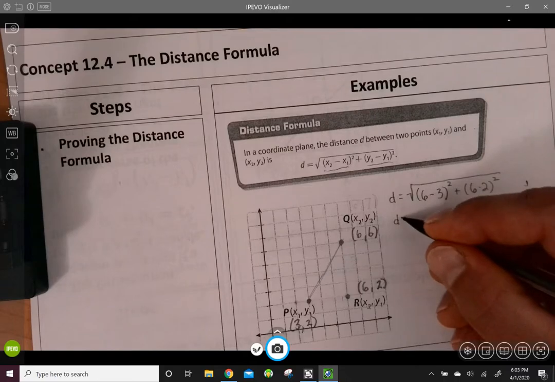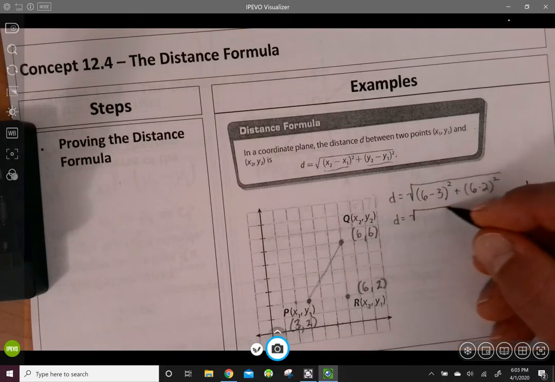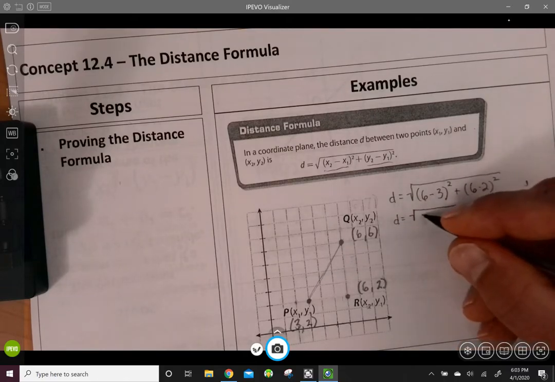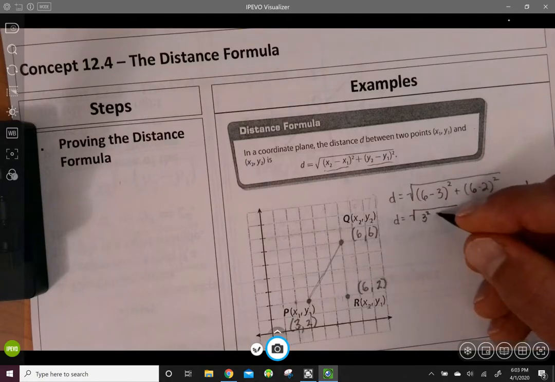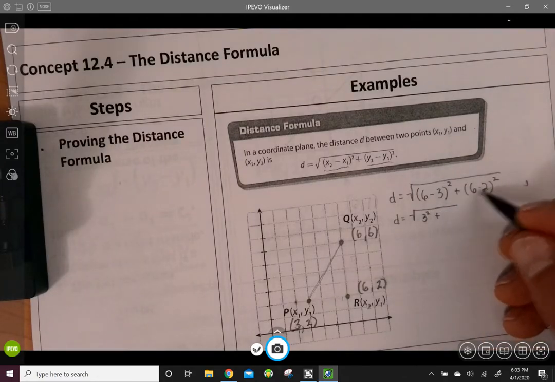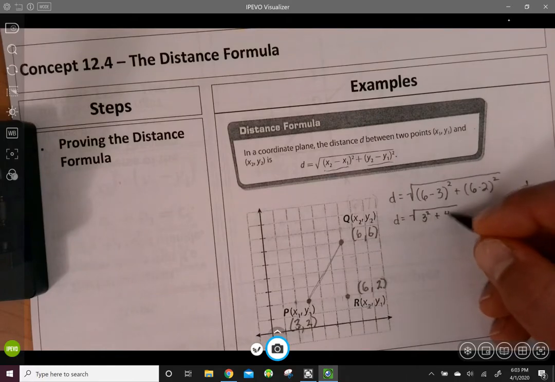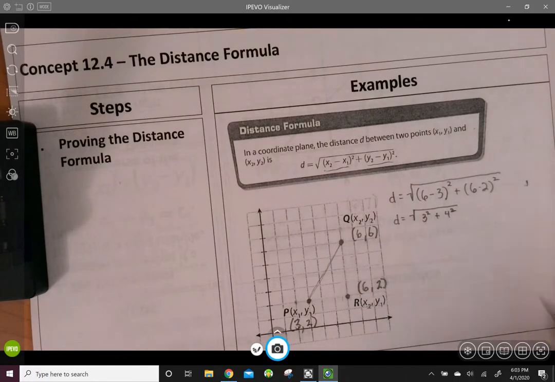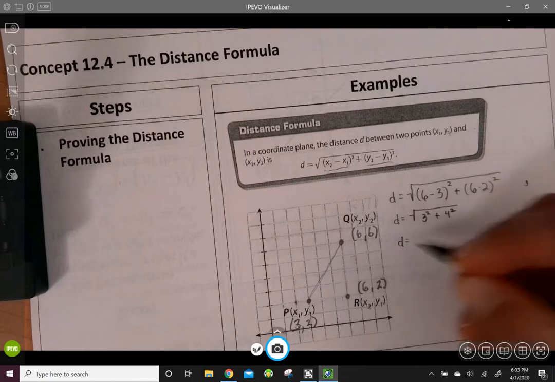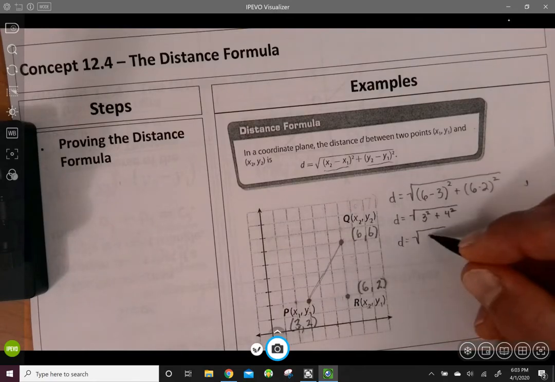And then I'm just going to take this one step at a time. 6 minus 3 is 3, so 3 squared, plus 6 minus 2 is 4, so 4 squared. So D is equal to the square root of 9 plus 16.